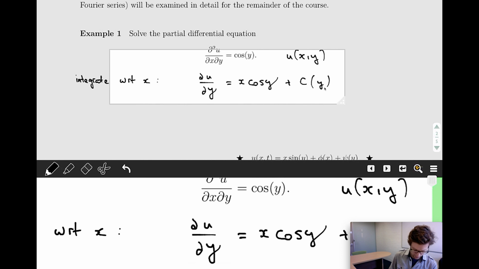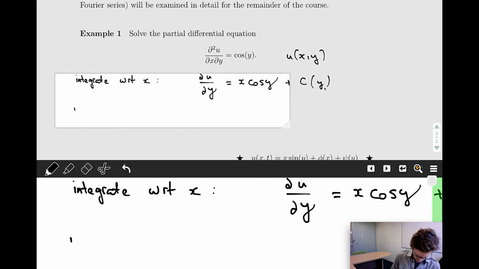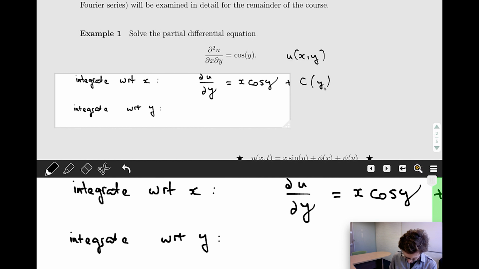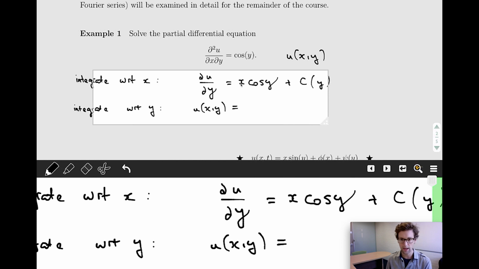Next, I'm going to integrate with respect to y. Once again, integrating with respect to y is going to get rid of my partial derivative. I'm going to treat x like a constant for the purposes of this integration, so I'm going to get minus x sine y.